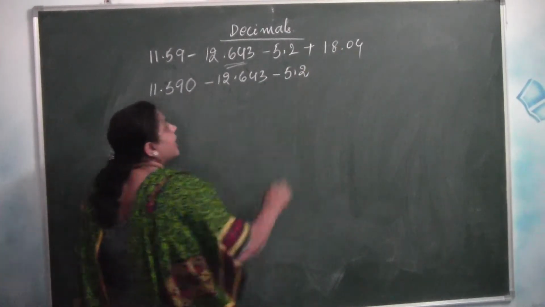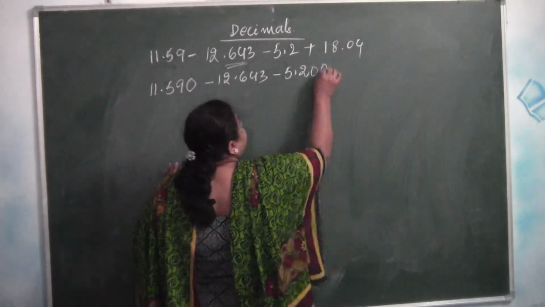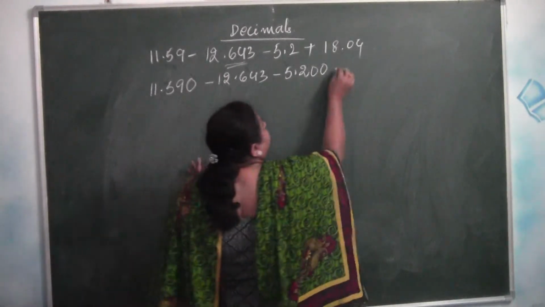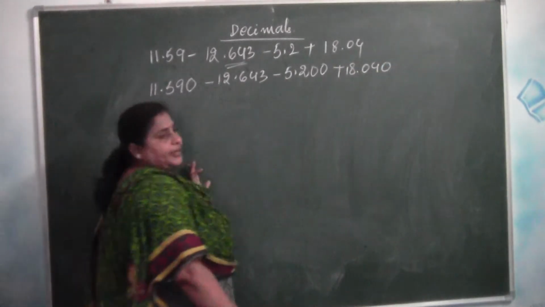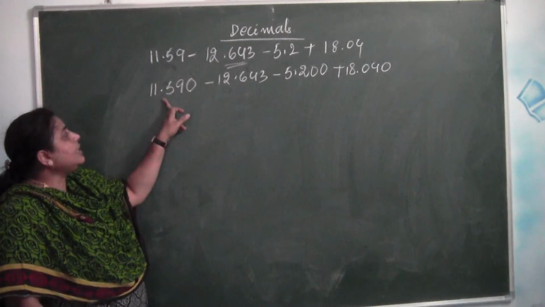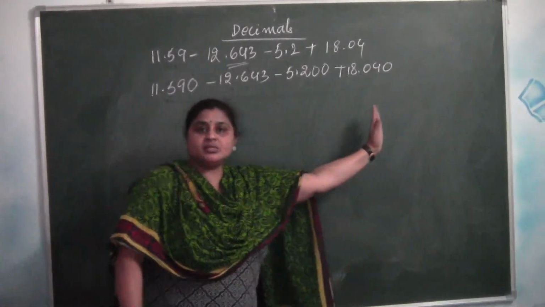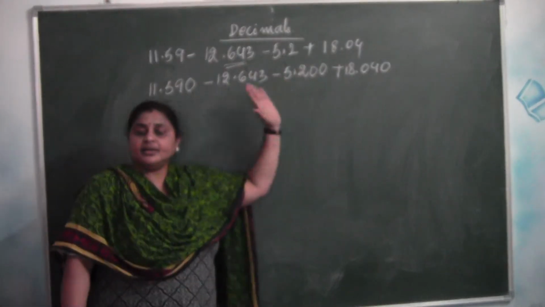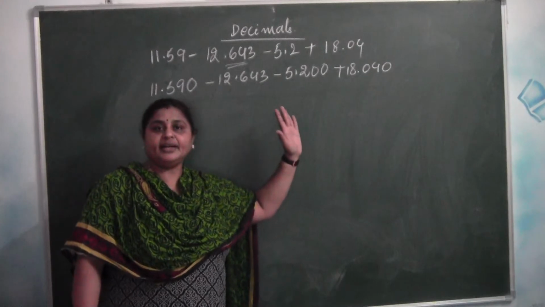Here after the decimal I have only 1 digit, so I am adding 2 zeros, plus 18.040. Now see, after the decimal, all the decimal numbers have 3 digits. It means we have converted unlike decimals to like decimals. Our first step is completed.